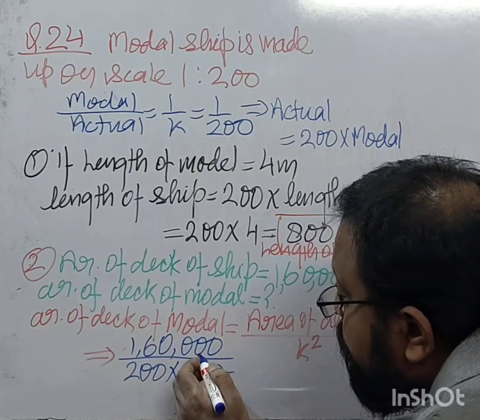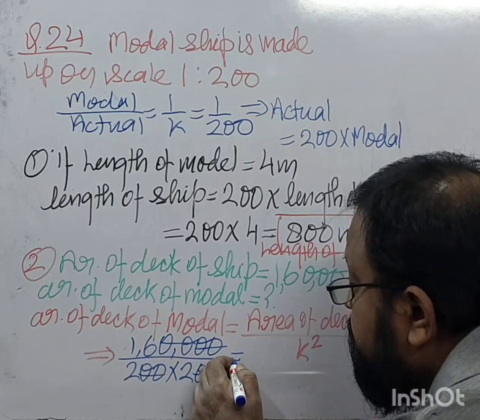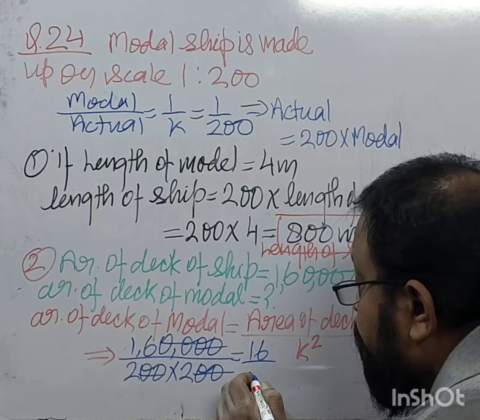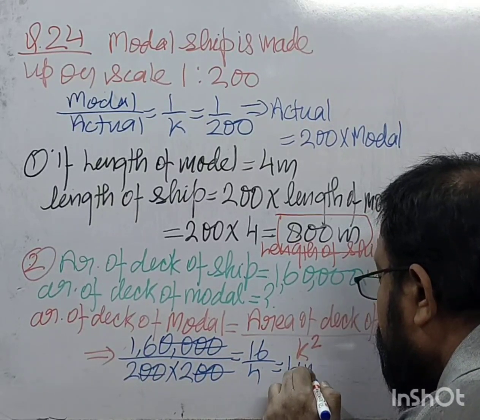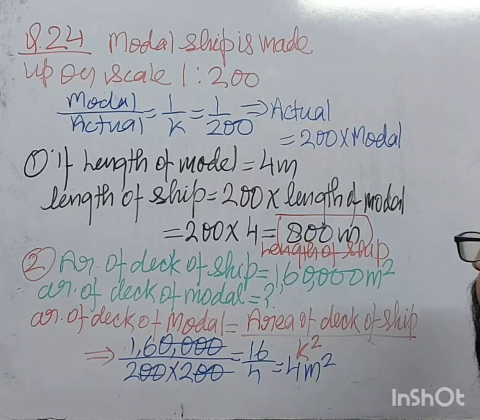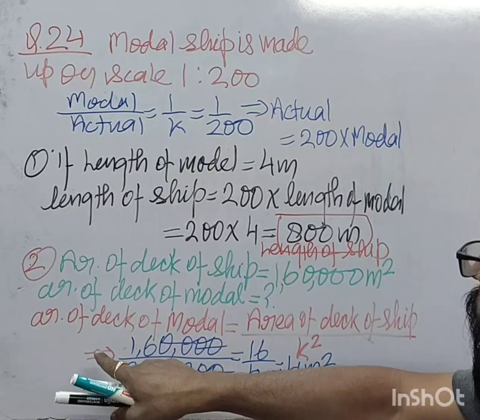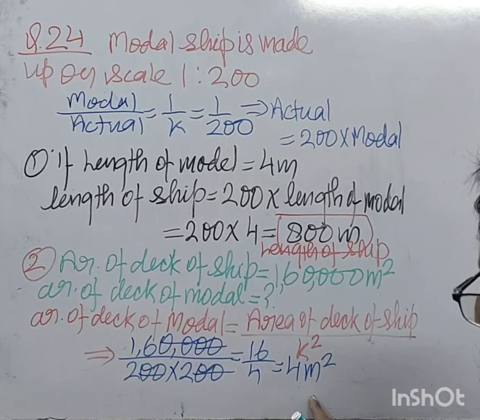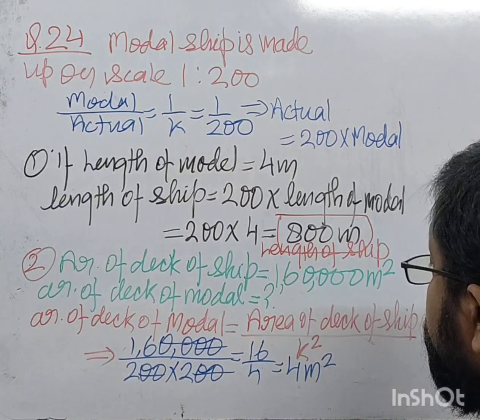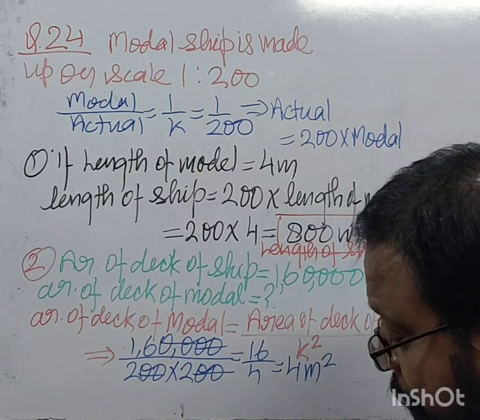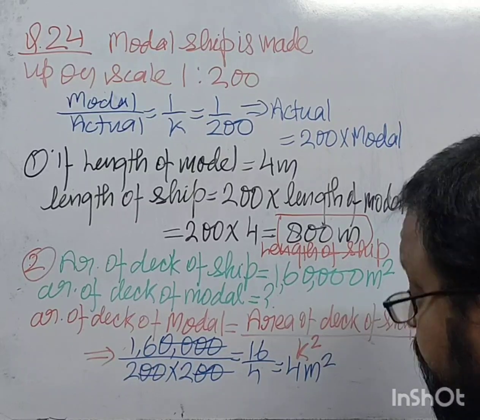So two zeros from here, two zeros from here, and it is 16 by 4. It becomes 4 meter square. So area of deck of model is 4 meter square, when area of deck of ship is 1,60,000 meters square. You get this?